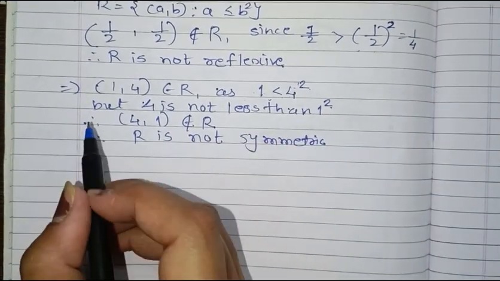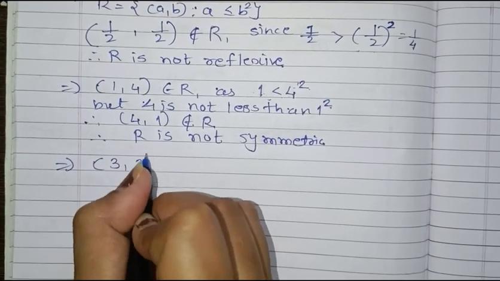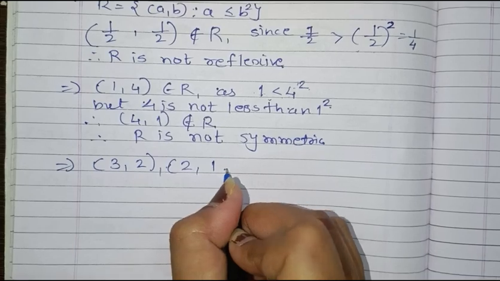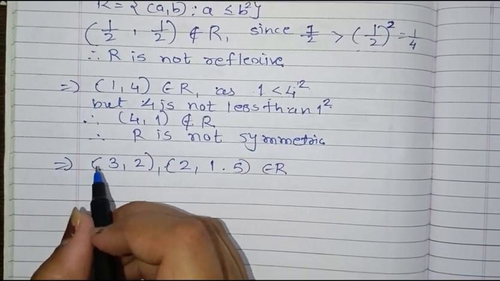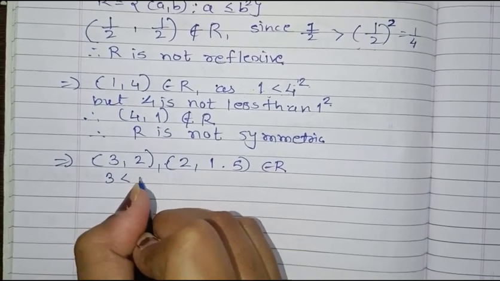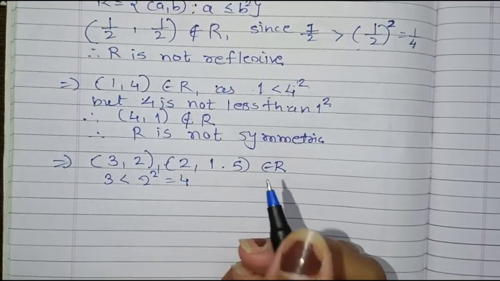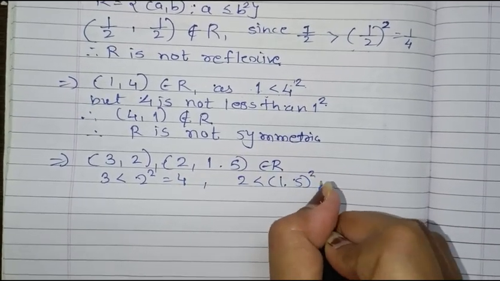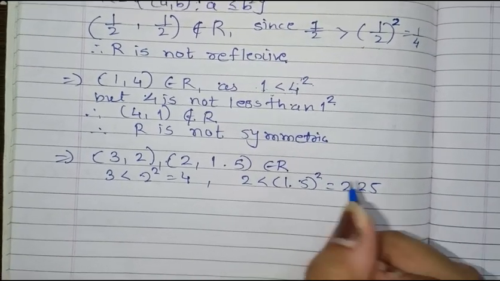Okay. Next is for transitiveness. We are taking (3, 2) and (2, 1.5) belong to R, as we know that 3 is less than 2 square, 2 square is 4, 3 is less than 4, possible, and 2 is less than 1.5 square, which is 2.25, possible.